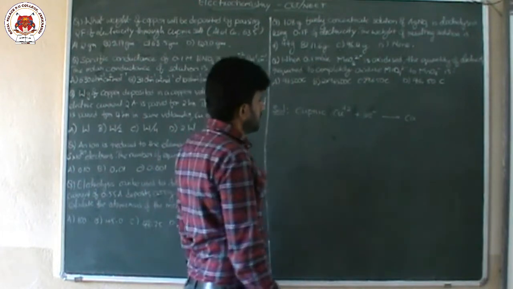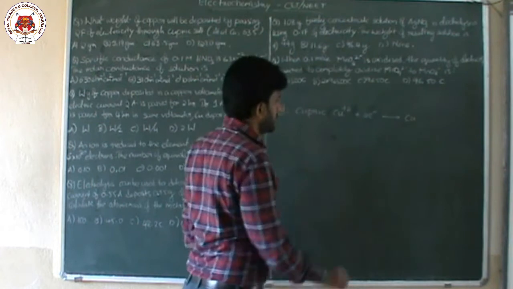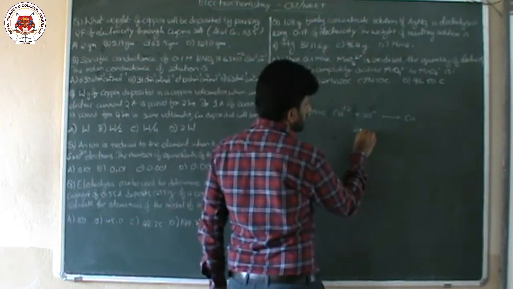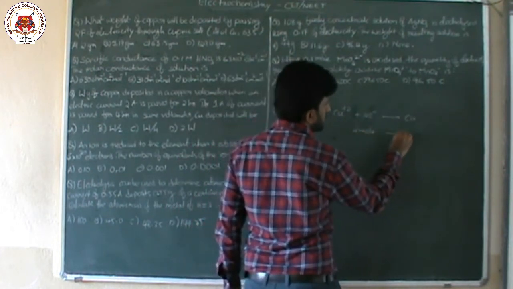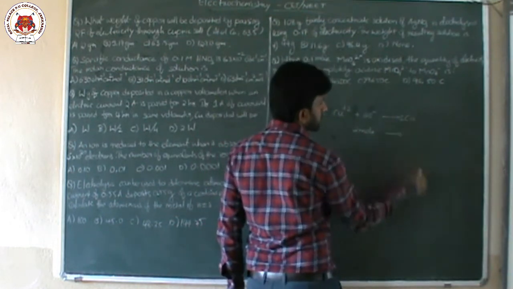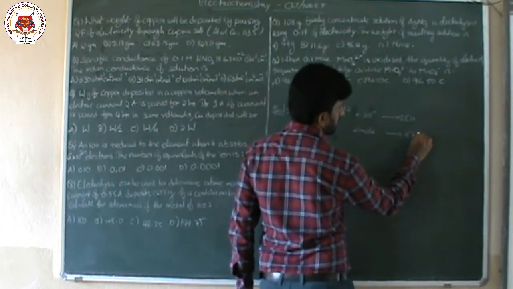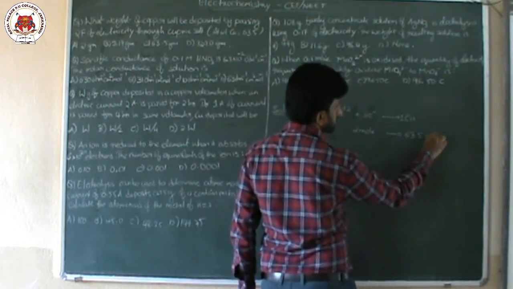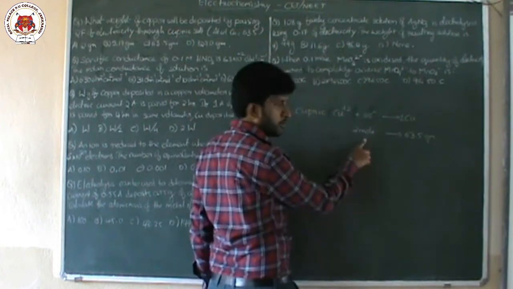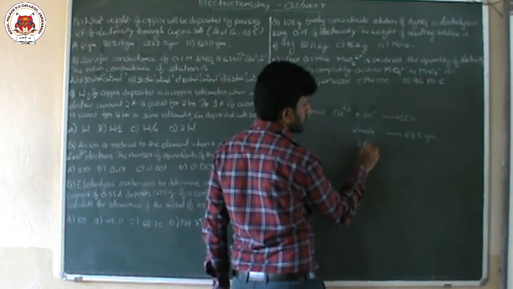That means 2 moles of electrons is required to deposit 1 mole of copper. 1 mole of copper means its atomic weight is 63.5 grams. 2 moles of electrons means the charge present on 2 moles of electrons is 2 Faradays.